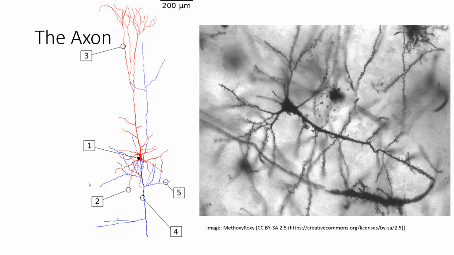So this cartoon that you can see on the left here is a reconstruction of a single pyramidal cell, much like the image that you see on the right, and all of the dendritic and perikaryal components have been colored red, and all of the axonal components have been colored blue. And you can see that this axon is going to branch many times, and these branches that come out from the axon that are going to travel to other cells are called axon collaterals.